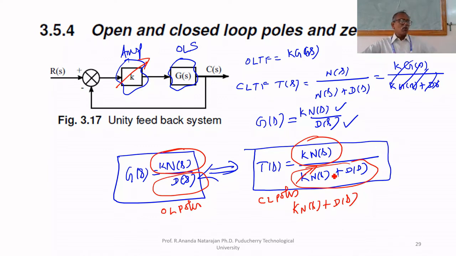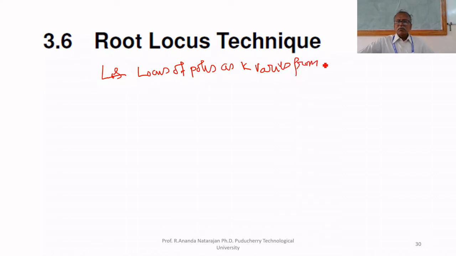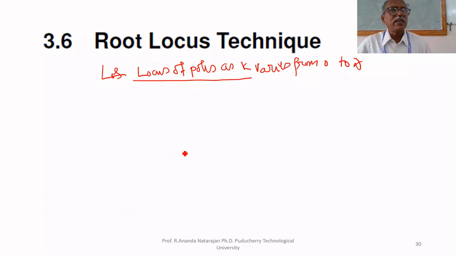If you plot the poles, then it is called root locus. Root locus is the locus of poles as k varies from 0 to infinity.